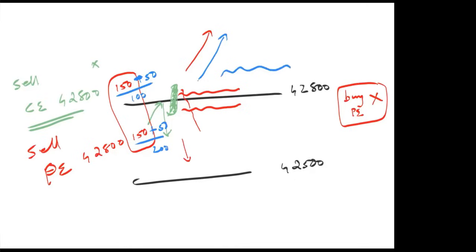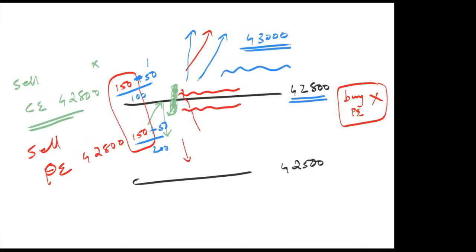Now, if it is going more than 100, that means if it is going to 42,900, the next adjustment that you need to do is at the 43,000 level. Why the 43,000 level?